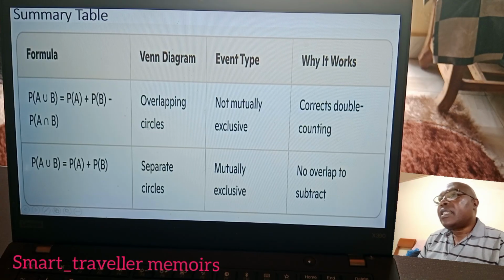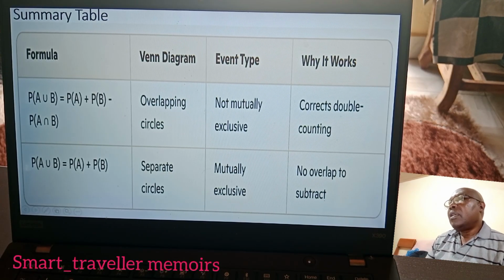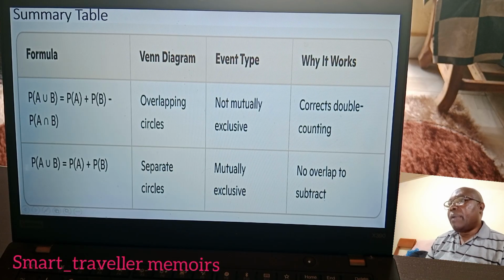So we have another summary table: the formula, the Venn diagram, event type, and why it works. P, A union B is equal to PA plus PB minus P, A intersection B. Venn diagram: overlapping circles. Event type is not mutually exclusive.